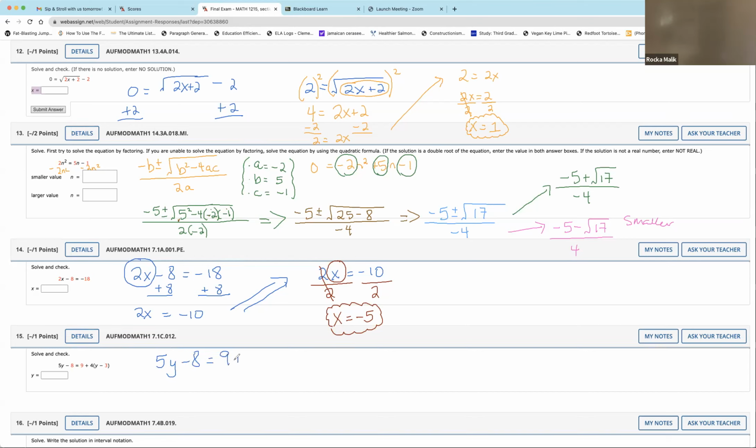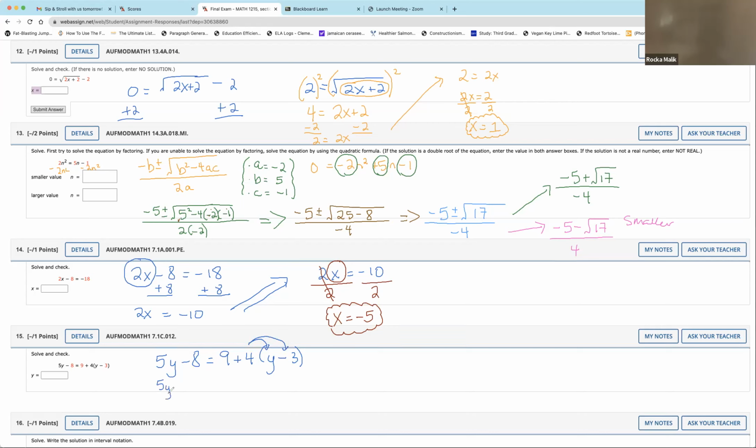It's 9 plus 4 times y minus 3. I'm going to write it over and simplify it every time. So I'm going to write it over and distribute this 4 with the y and this 4 with the minus 3.